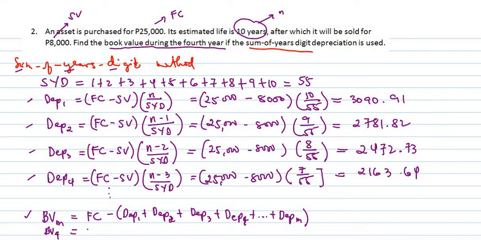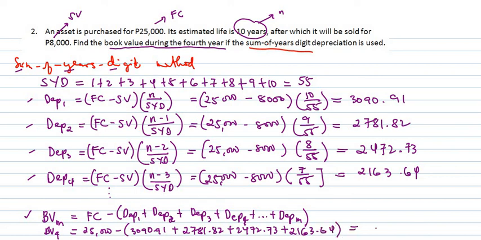Okay, so this time when we solve our book value after 4 years, that is the first cost, which is equivalent to 25,000, minus the summation of the 4-year depreciation. So the first year depreciation, that is 3090.91, plus the second year 2781.82, plus the third year, which is 2472.73, plus the fourth year of depreciation, that is 2163.64.